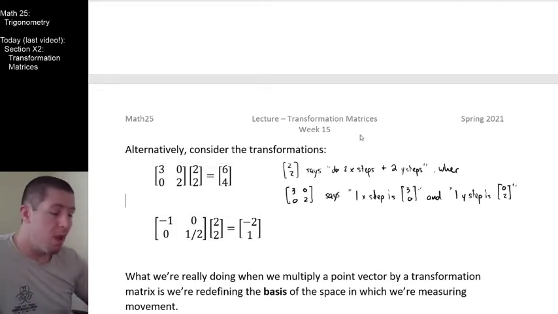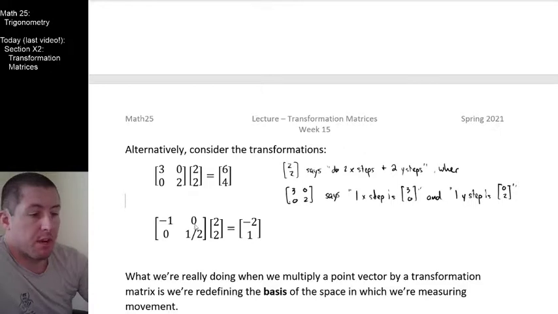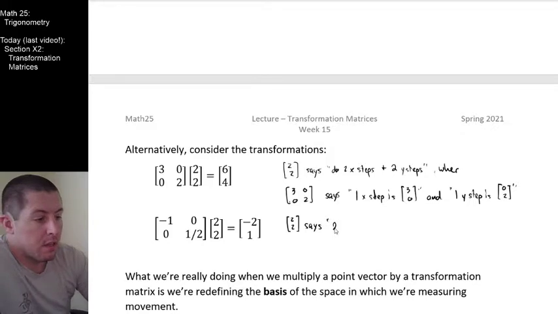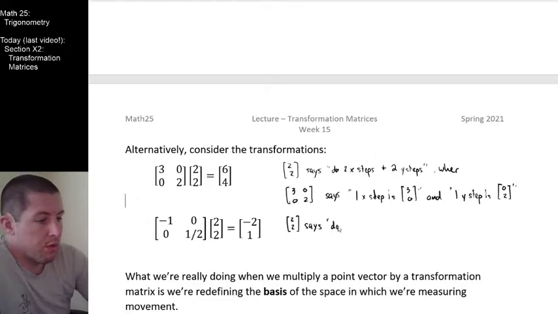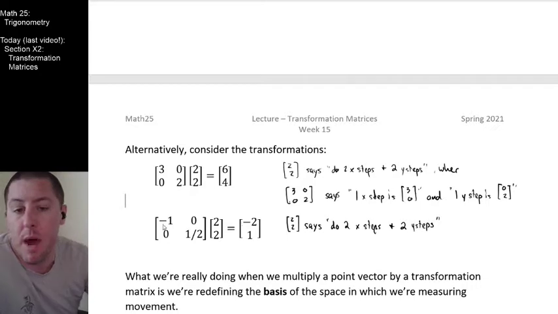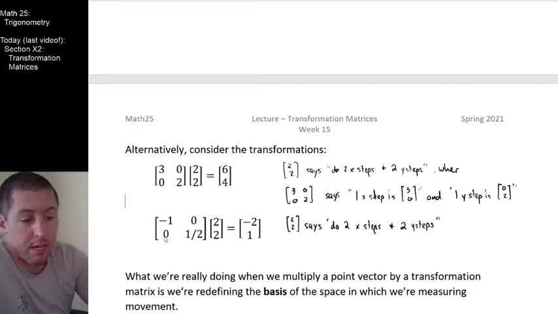We can kind of do the same thing with this guy over here. With this transformation matrix, -1, 0, 0, 1 half, 2, 2 again says I want to do 2 x steps and 2 y steps. But again, we're redefining what an x step and a y step is by multiplying by this transformation matrix.